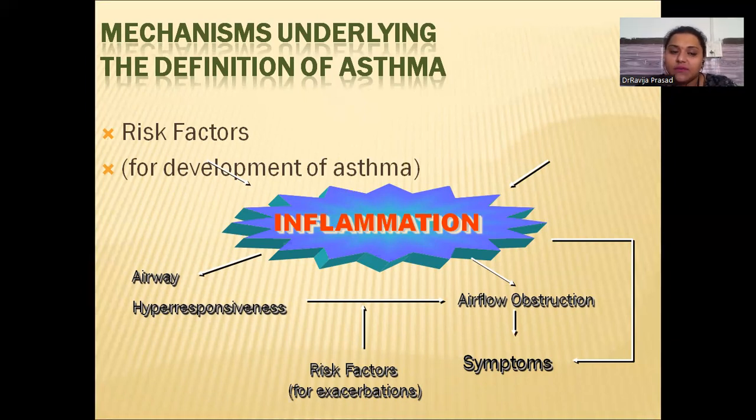And then there would be airway hyperresponsiveness, which leads to airflow obstruction, then the markers, then there is a factor for exacerbation. Exacerbation means there would be an increased risk in the factors, then there is more and more inflammation of the muscles, then the interleukins and pro-inflammatory cells increase the inflammation of the mast cells, and all together contribute to this inflammation.